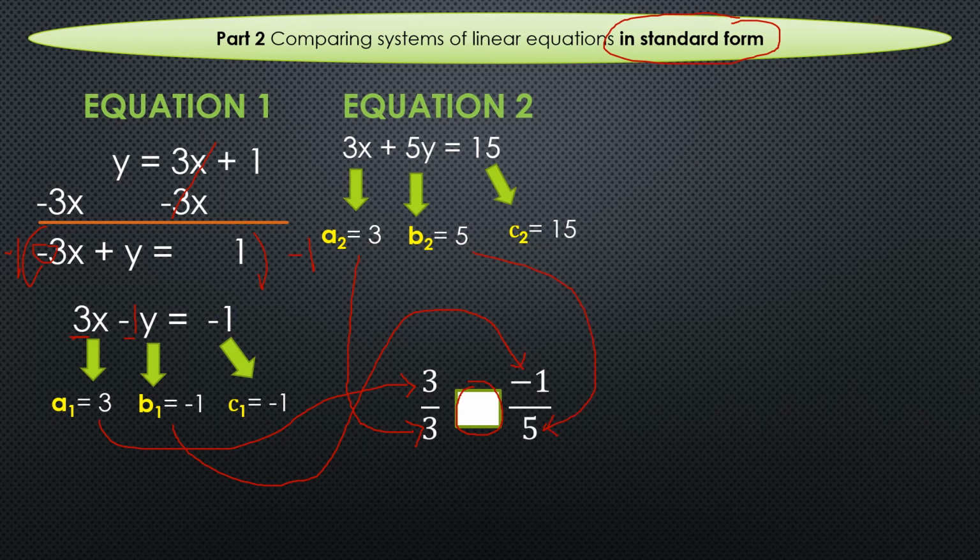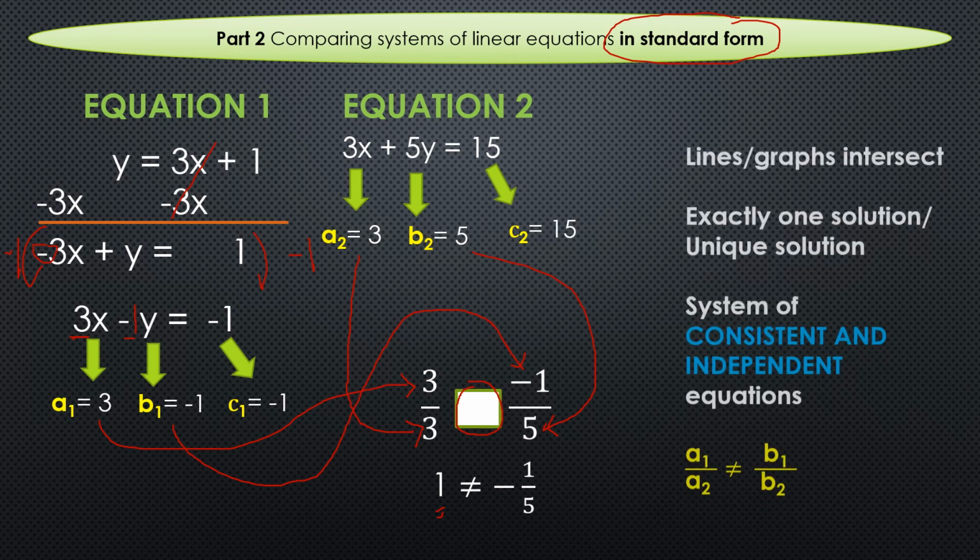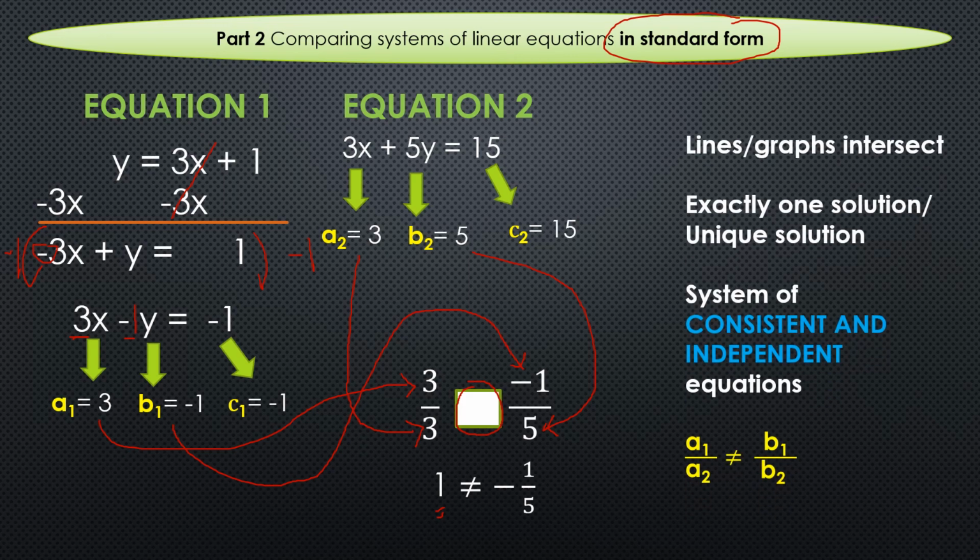So as you can see, 3 over 3, we have to determine whether they are equal or not equal compared to negative 1 over 5, or negative 1/5. And we know that 3 over 3 is 1 and it is not equal to negative 1/5. So that will be this one. This is the first kind of system, consistent and independent. There is exactly one solution. Therefore, when we graph them, they should be intersecting lines.